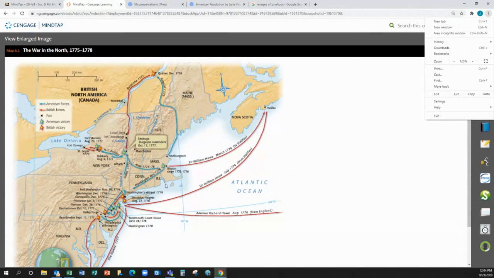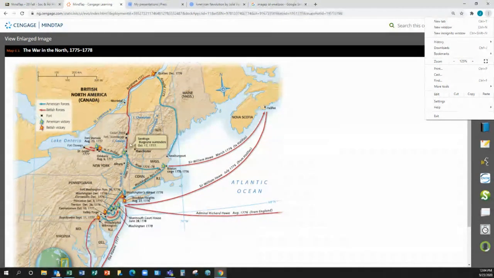British victories are the red. Okay. These are all of the movements of the British Navy. Okay, so you have William Howe coming over here, ending in Boston. And Burgoyne is going to go up here in an attempt to bring down more troops from Canada. So again, they're in New York City.